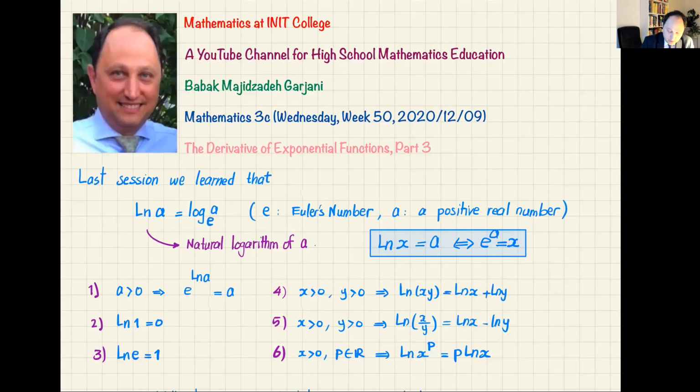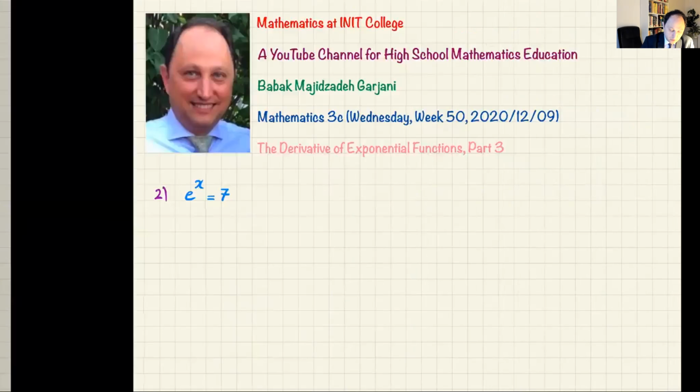Sometimes this one is given to you, and to find x, you need to go in this direction. Sometimes the exponential form is given to you, and the unknown is in your exponent, and you want to find your unknown, which is your exponent. You need to go in this direction. So this is one of those problems.